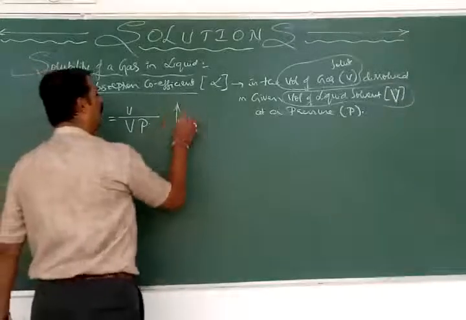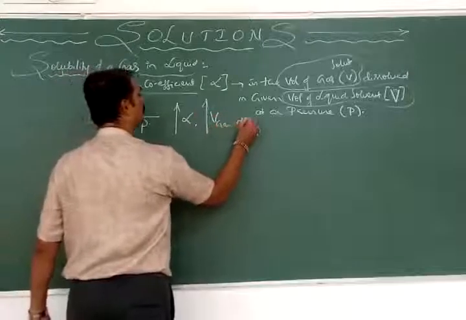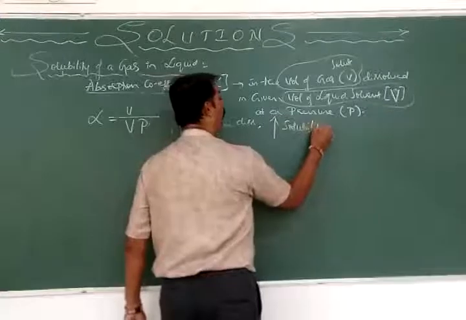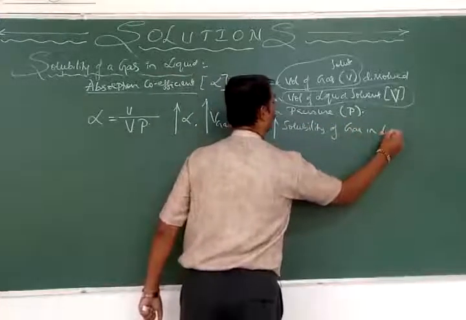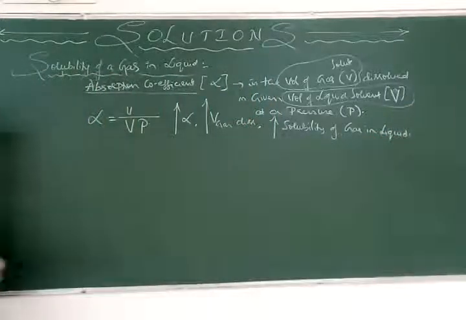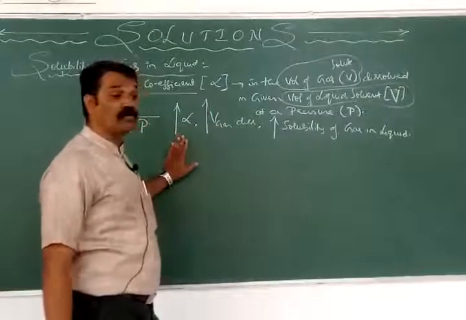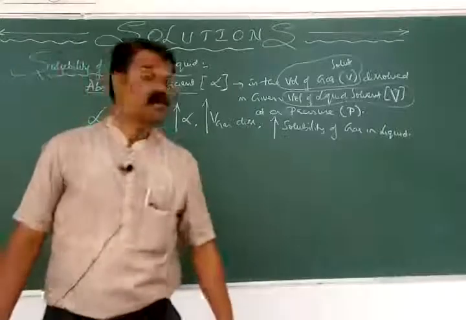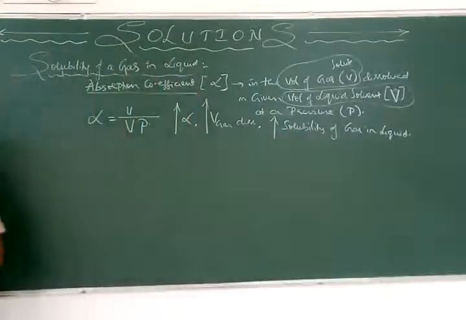The higher the value of alpha, the more is the volume of gas that has been dissolved, and hence the more is the solubility of the gas in the liquid. More gaseous solute dissolved means more is the solubility of that gas in the liquid.